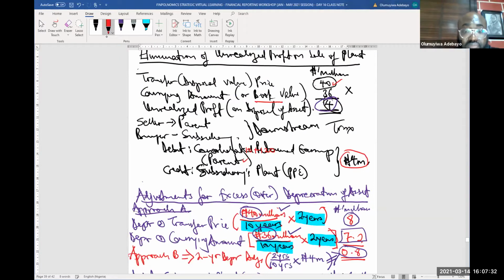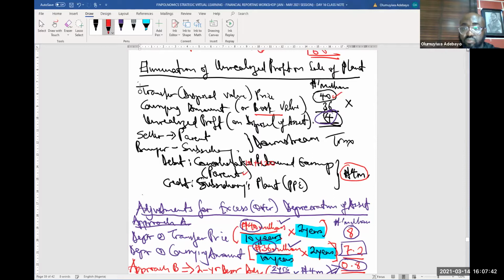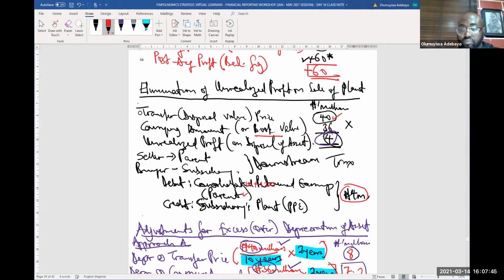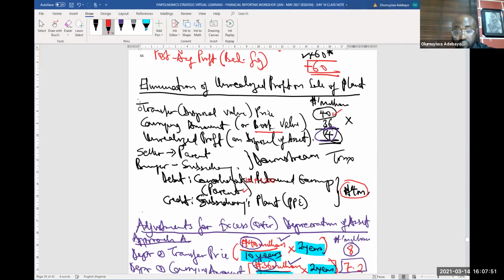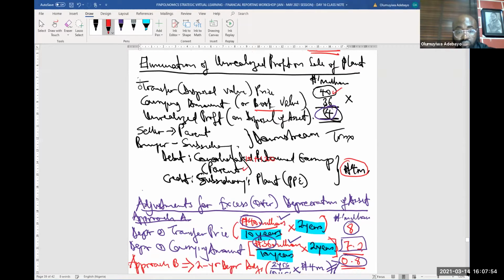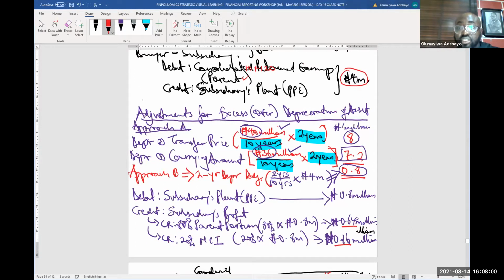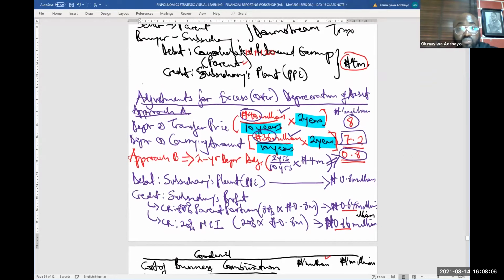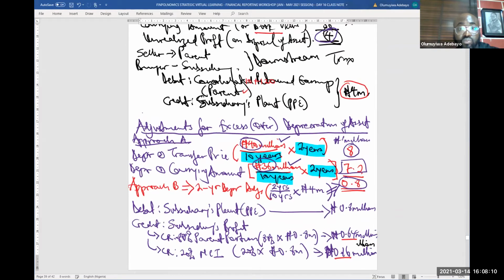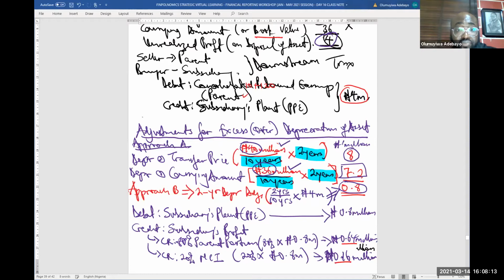The first adjustment is for us to eliminate unrealized profits of 4 million.